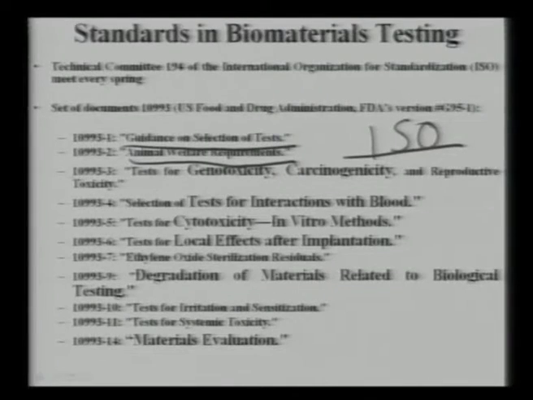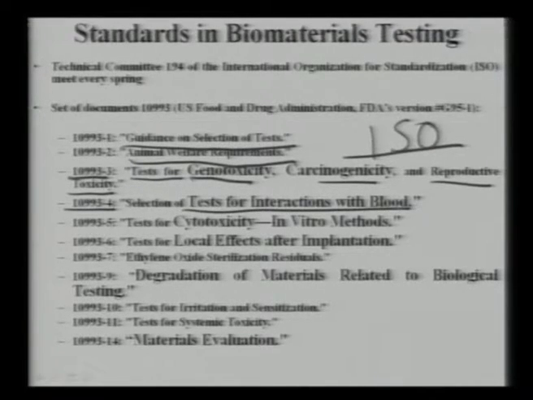Now 10993-3 is the genotoxicity, carcinogenicity and reproductive toxicity, that is important. Those test guidelines are mentioned. 10993-4 is the test for interaction with the blood, that is the blood compatibility test. 10993-5 is a test for cytotoxicity, an in vitro method. So all these essentially tell you what guidelines you need to follow when you want to do a particular set of tests.